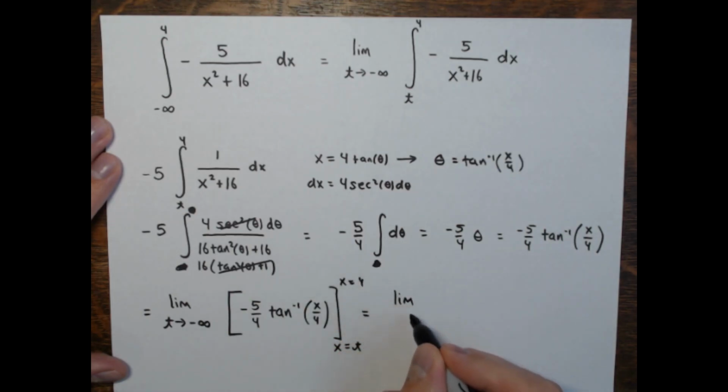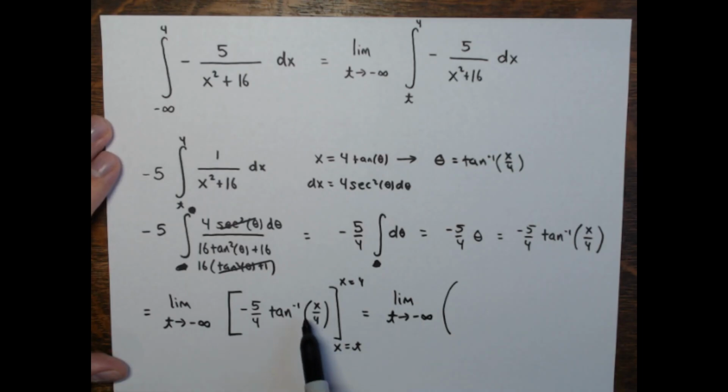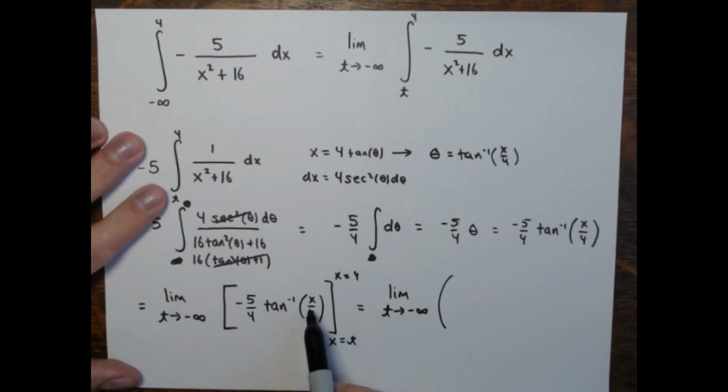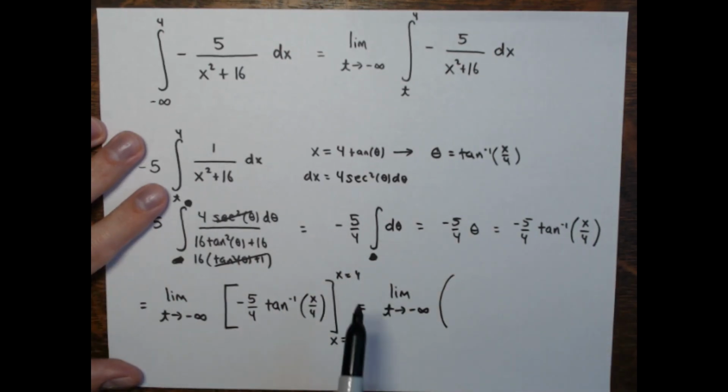So we have the limit as t approaches -infinity of plug in 4, plug in t. Now the inverse tangent of 4 divided by 4 is 1. Inverse tangent of 1, again, I'm assuming you know things about your inverse trig functions from a pre-calculus class. I'm not doing a whole thing on inverse trig functions here.